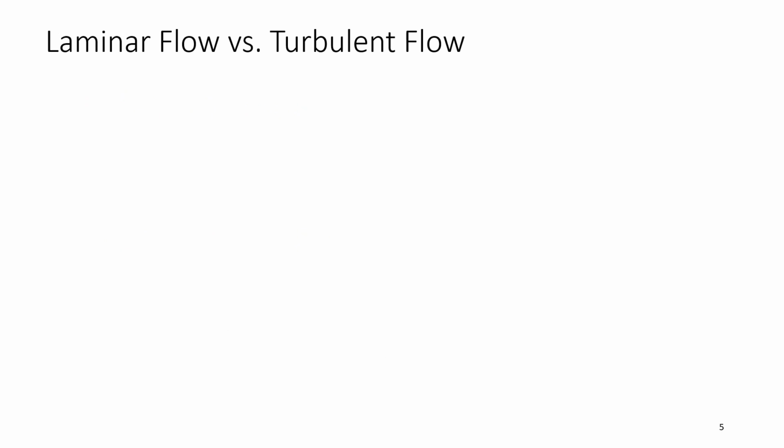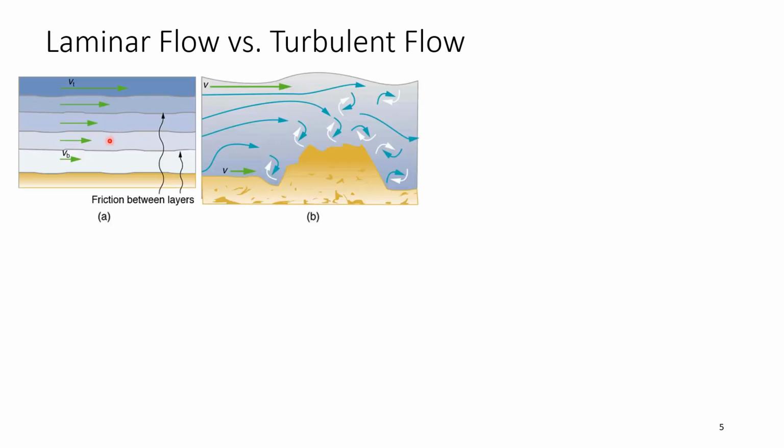We have been ignoring any friction in the fluid flow, but if we do consider real fluid and include the friction, or more accurately, the factor of viscosity, we can see there are mainly two types of flow: the laminar flow and the turbulent flow.